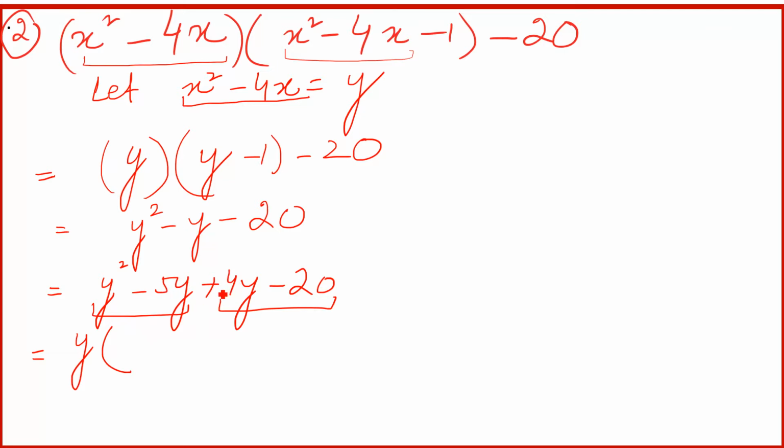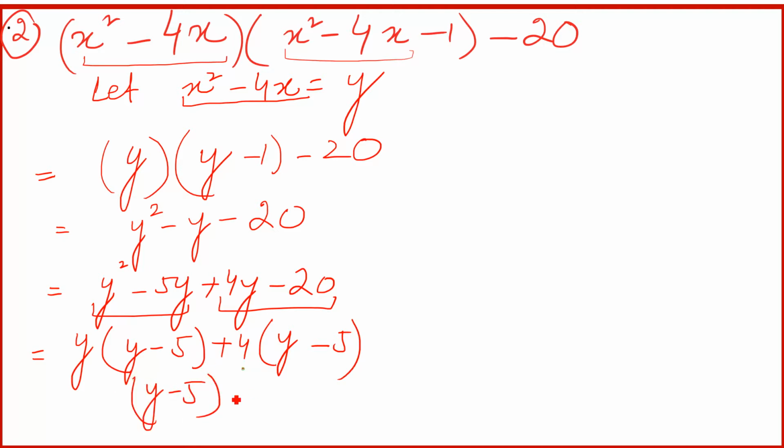When we multiply these, 5 times 4 times 20 y square, it should be the product of first and last term. In both parentheses there should be the same term, y minus 5. So y minus 5 we will take common because it is present in both the parentheses. Remaining here is y plus 4. So y minus 5 into y plus 4.